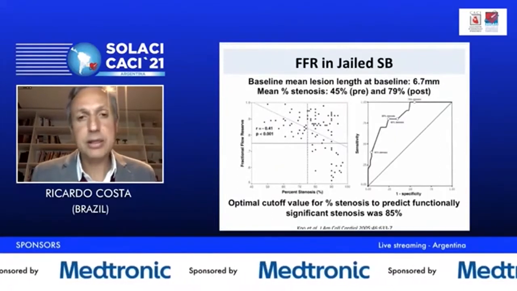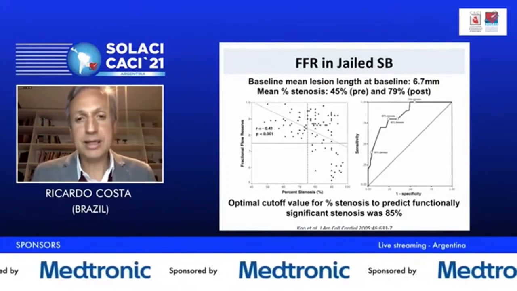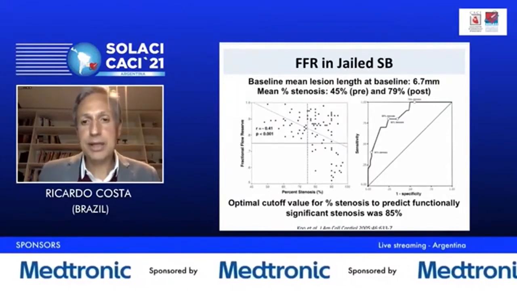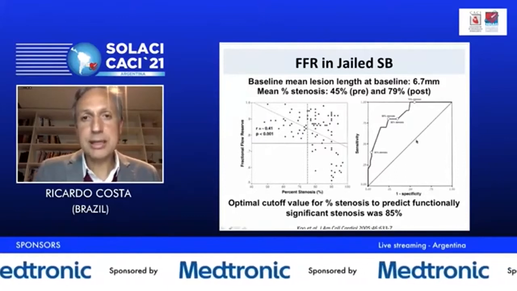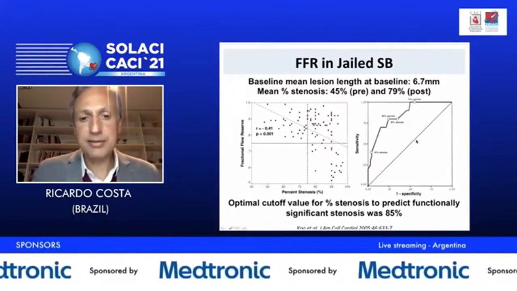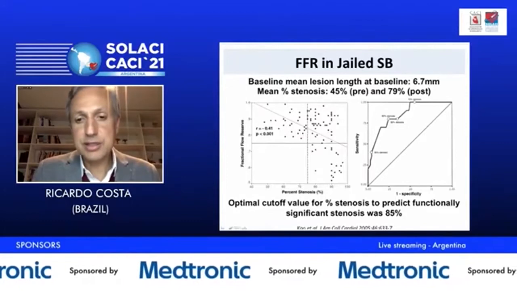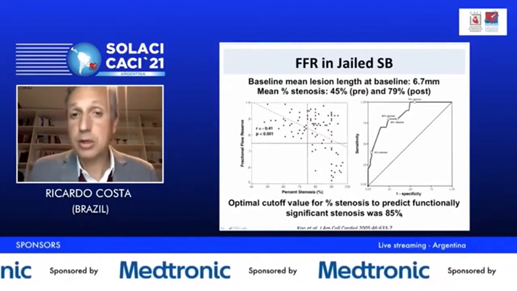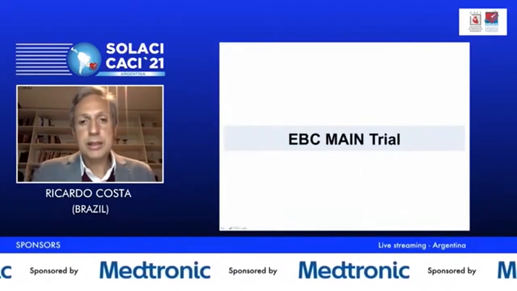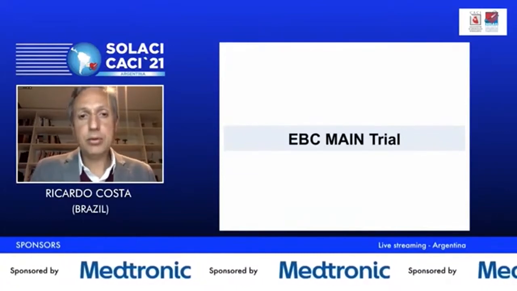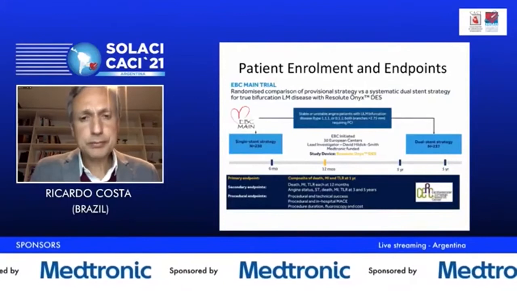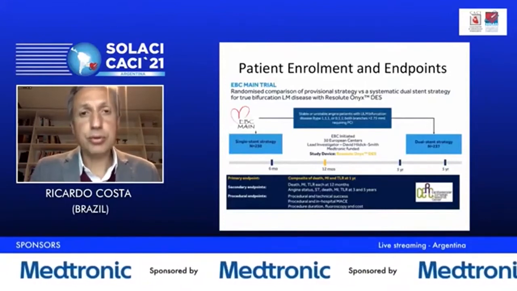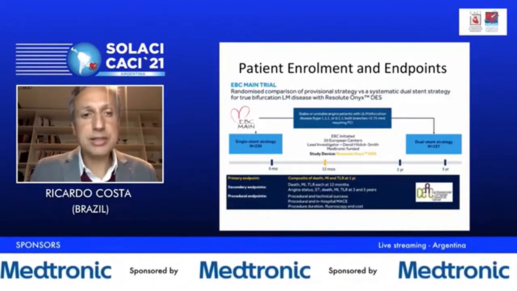So studies with FFR show that in a severe lesion, after treating the left main, there is a higher stenosis, 79% after, more than 35%, more than 85%. And to end, the EBC MAIN trial was published and presented.